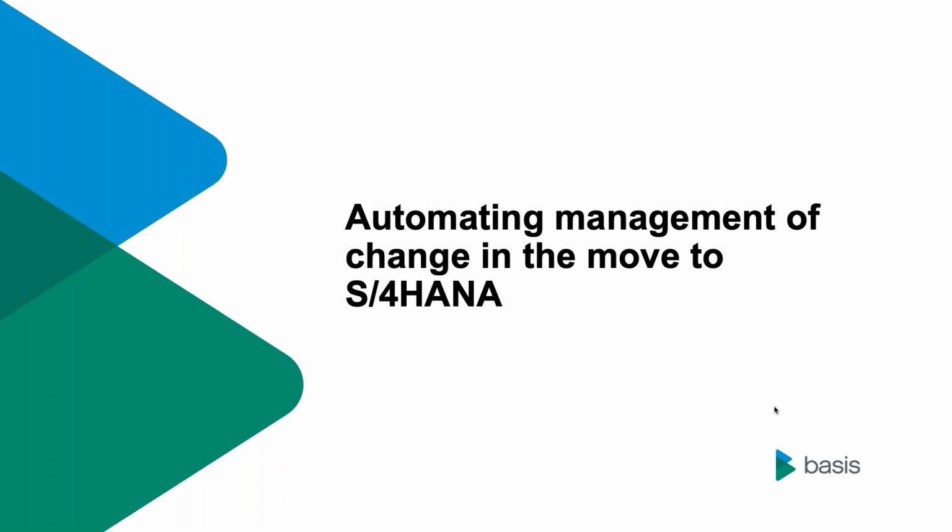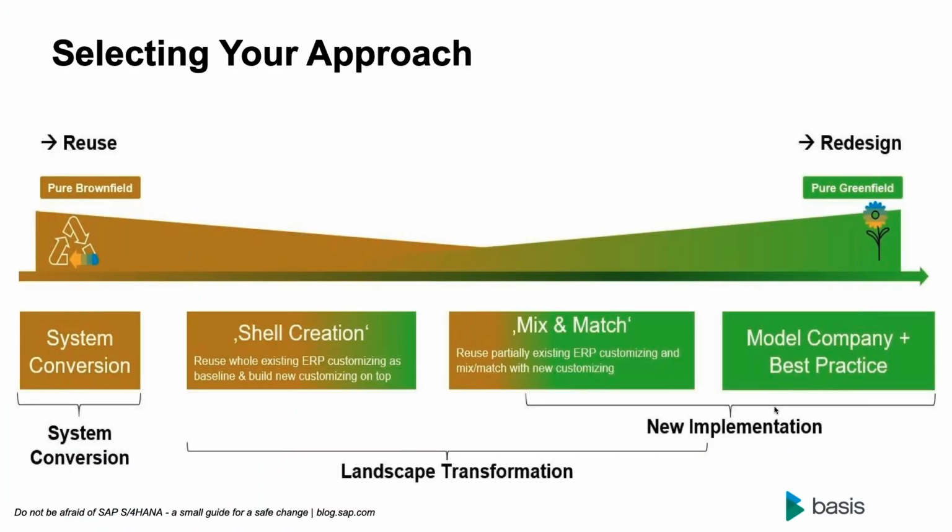Very good. Thanks, Peter. Okay, so as mentioned, we're going to look at specifically automating the management of change during the move to S/4. So the first thing that every customer will need to do for themselves is to understand and select the approach that they will be taking.